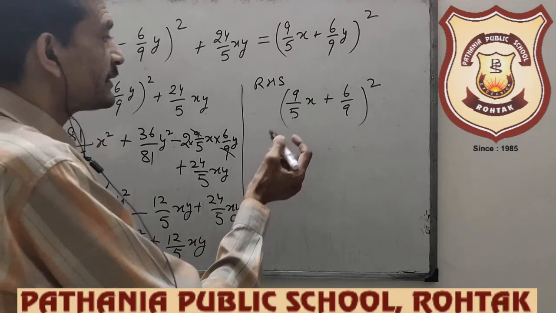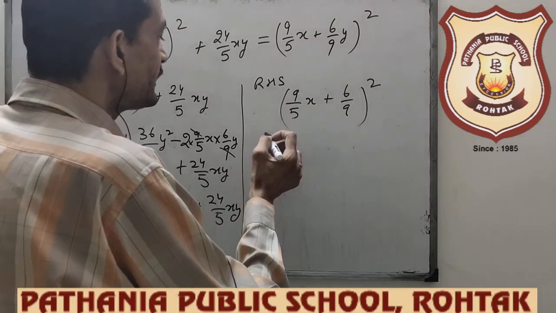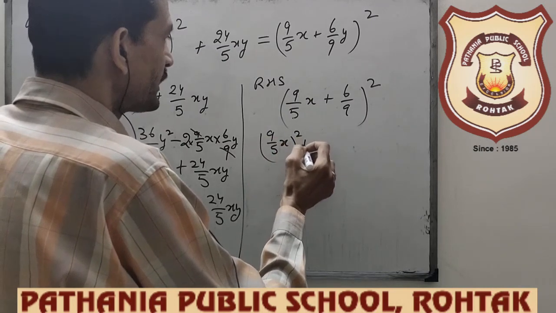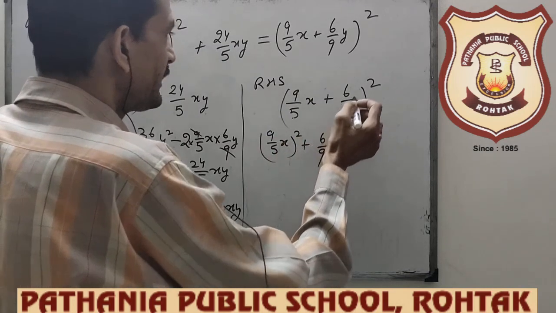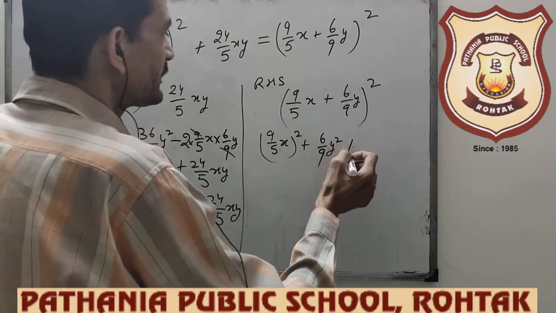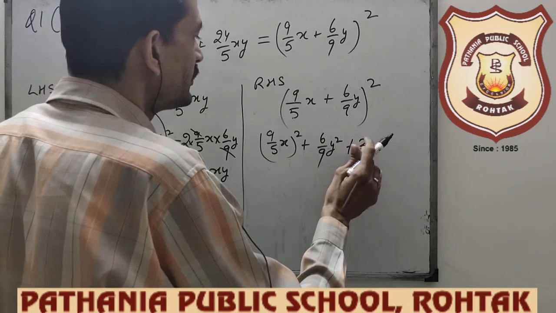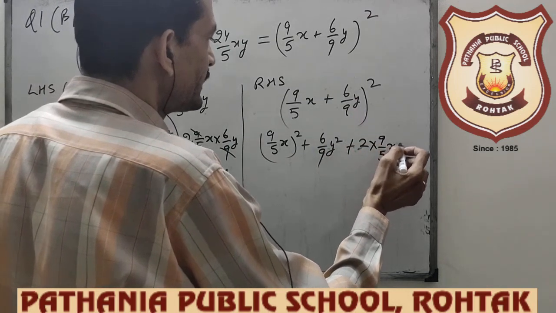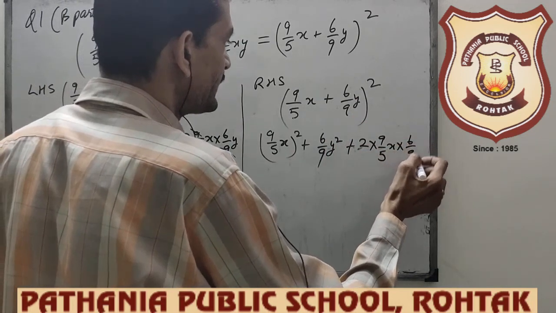Now open this. What is it? 9 by 5x whole square plus 6 by 9y whole square, y square, sorry, and plus 2ab, 2 into 9 by 5x into 6 by 9y.